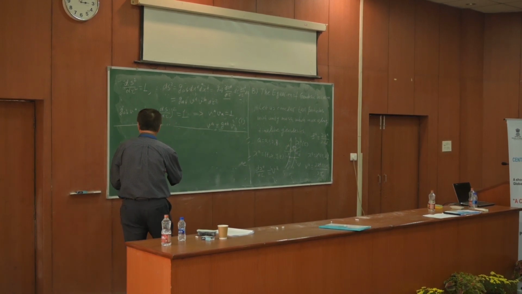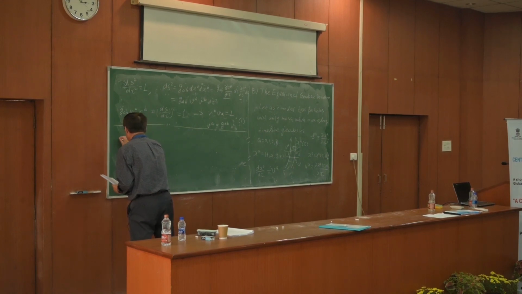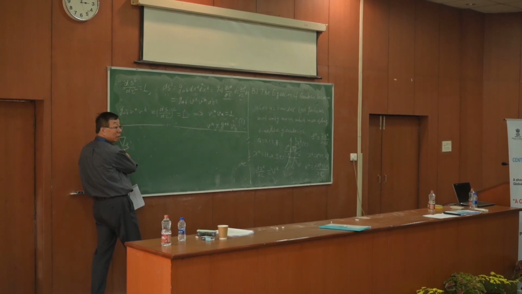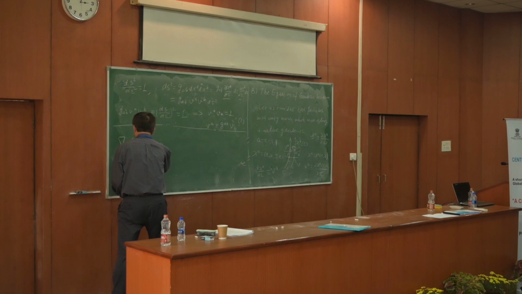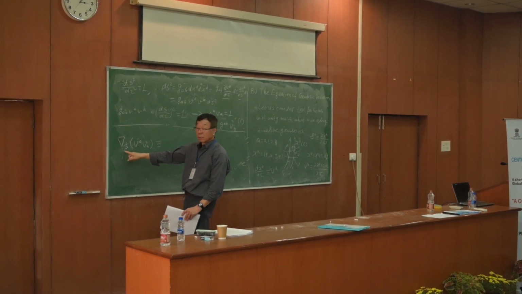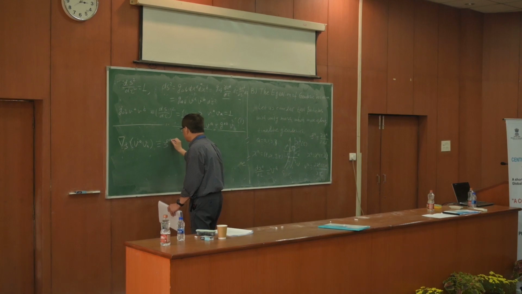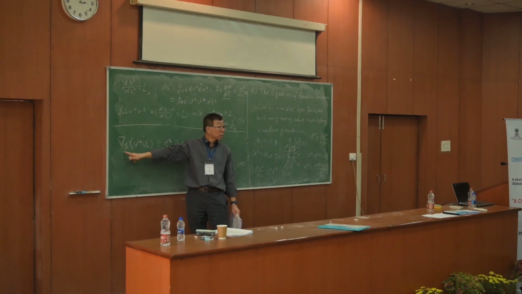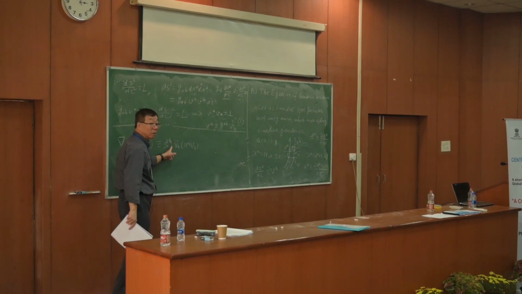So let's first consider the covariant derivative of the metric. What do I do? By definition, if you remember correctly, this equals the directional covariant derivative of the metric.